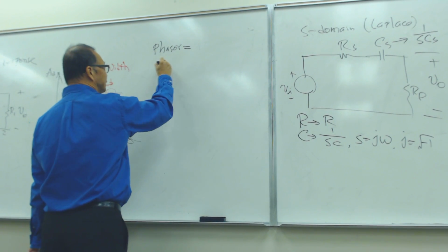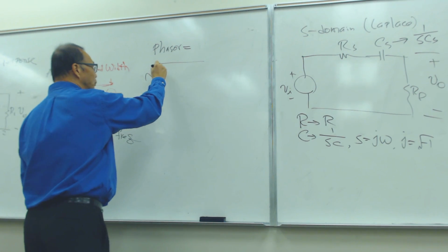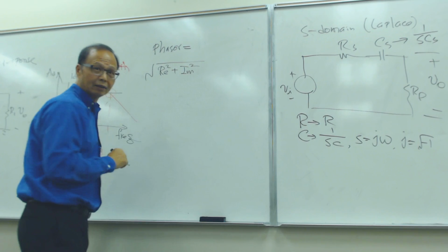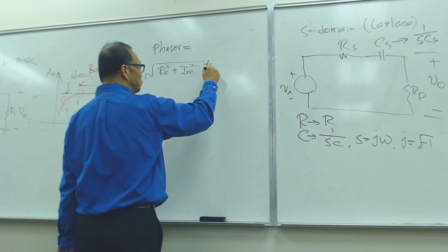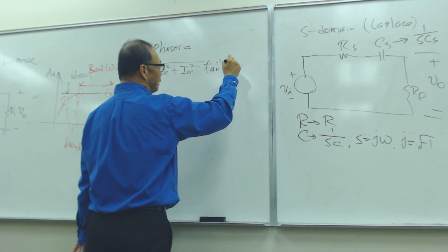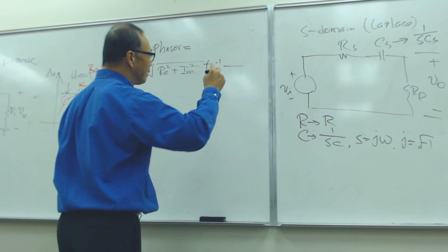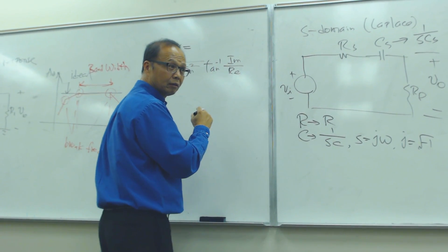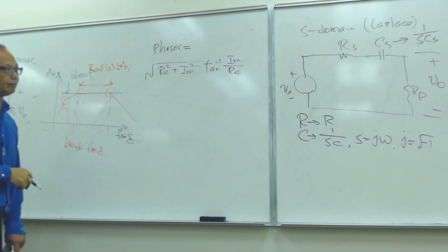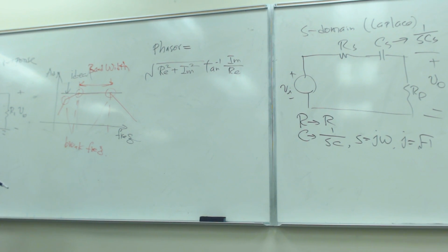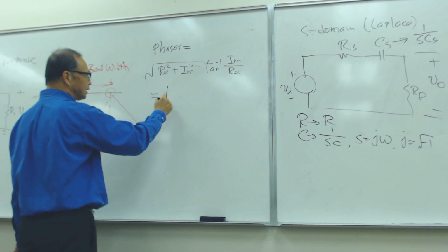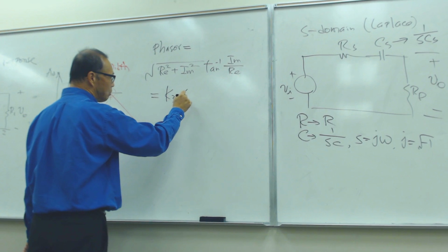It is the square root of the real squared plus the imaginary squared, correct? And then arctangent, which one is on top? I think it's the imaginary on top and the real on the bottom. Is it? So that will give you some constant K angle theta.